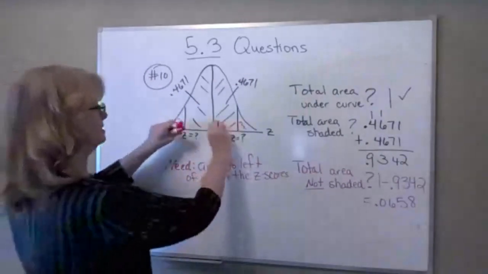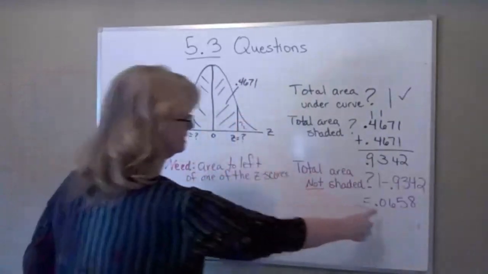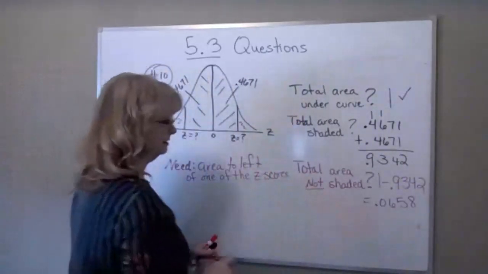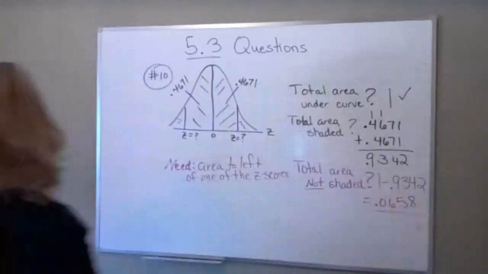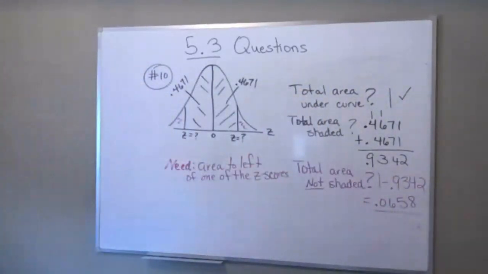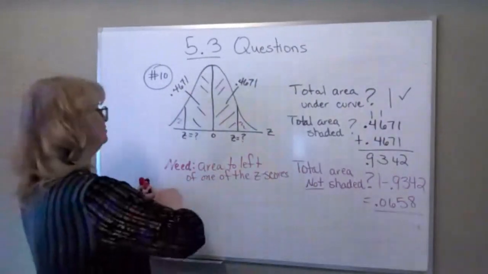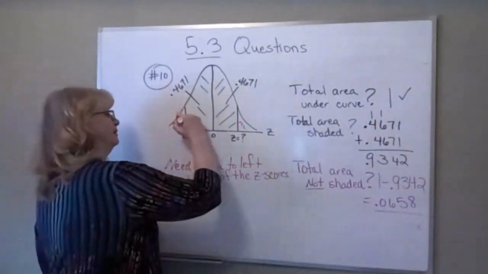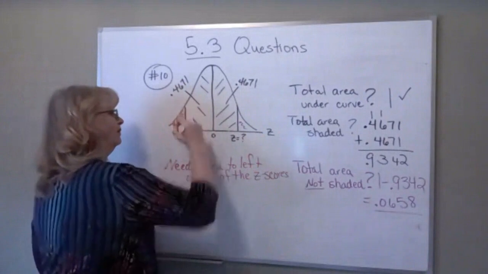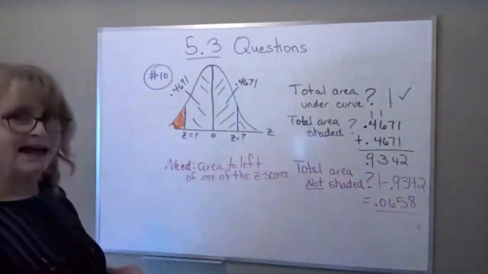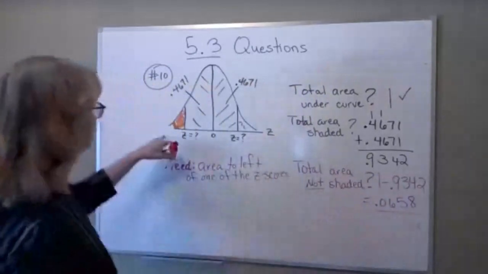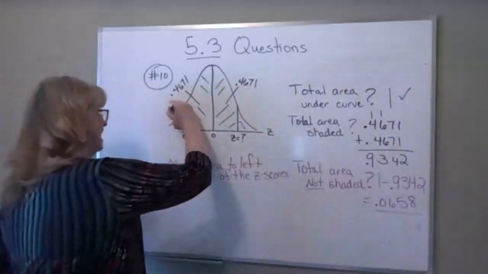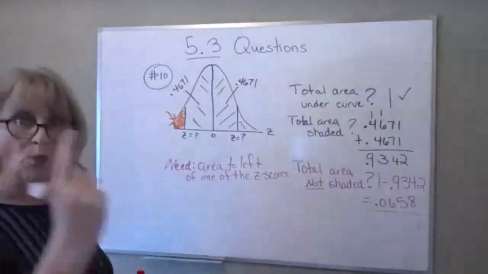Okay, well, you just told me the total of these two pink areas is this. I'm going to color just one of them orange. If both of them together are this, how could I find just that one piece?